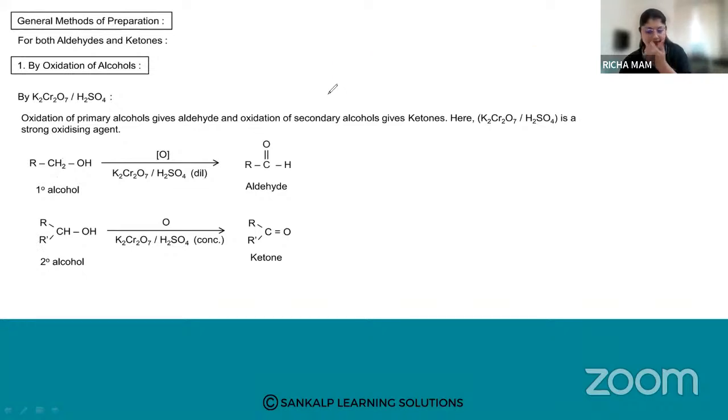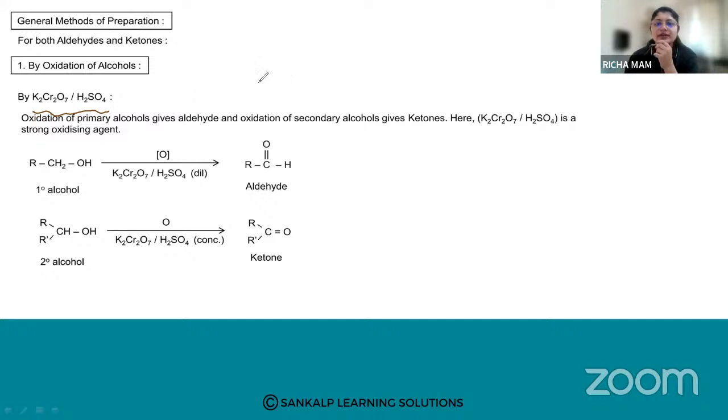Then let's start with the general methods of preparation. Which methods of preparation have we discussed? The first one was controlled oxidation of alcohols, right? The oxidizing agent used was K2Cr2O7 and H2SO4, that is potassium dichromate and sulfuric acid.